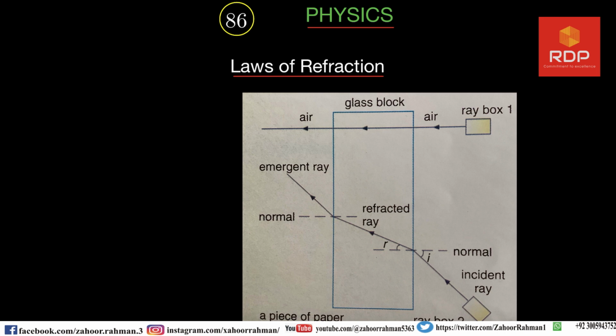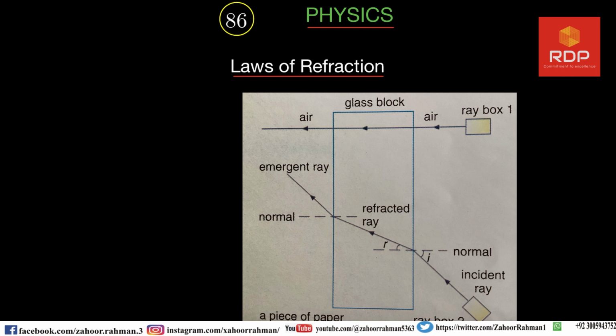Number one is a rectangular glass block with one face frosted, two ray boxes, a piece of paper, and a protractor to measure the incident angle and the refracted angle. So let us start the experiment.